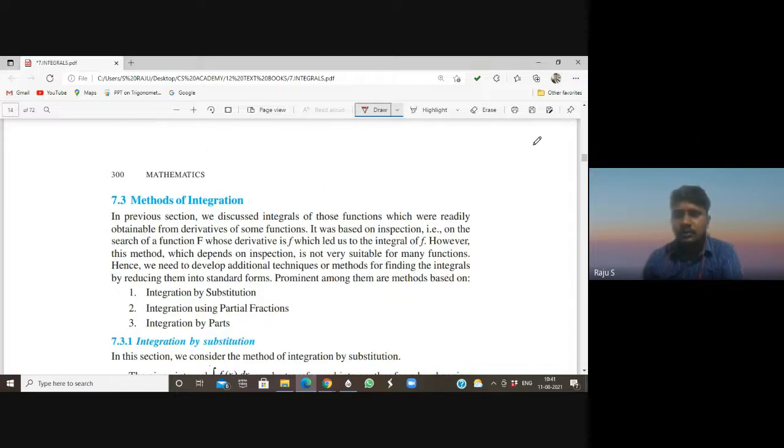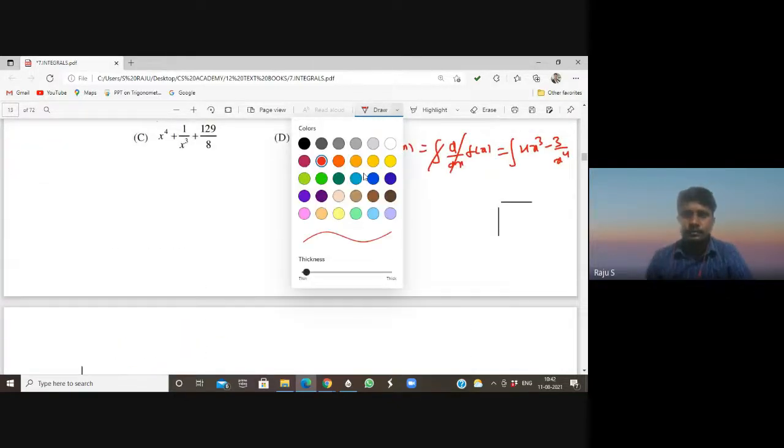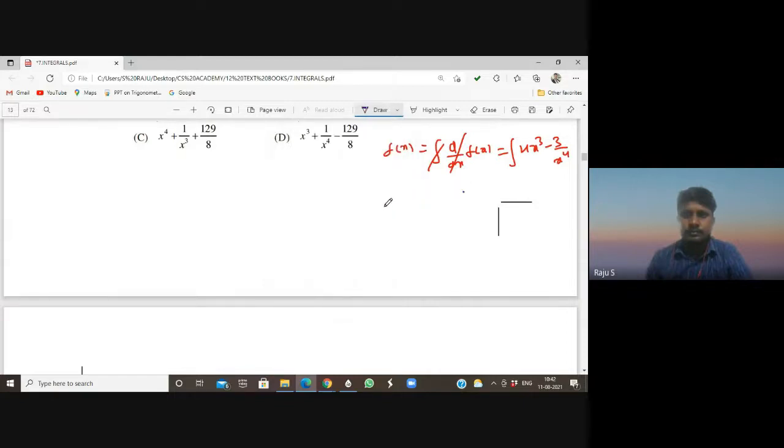Okay, students. Now this is equal to 4, a constant, take it outside, integral of x cube dx, minus 3, a constant, take it outside, 1 by x power 4 can be written as x power minus 4 dx. So 4 into x power 4 by 4 minus 3 times x power minus 4 plus 1, by minus 4 plus 1.